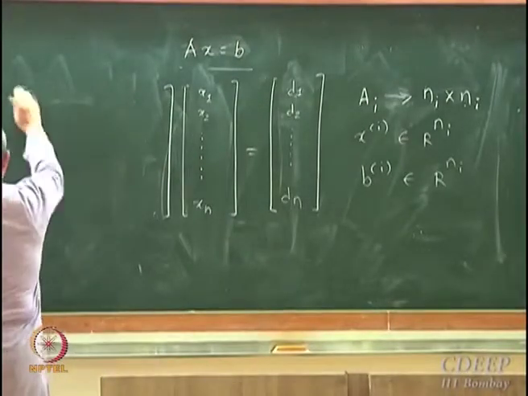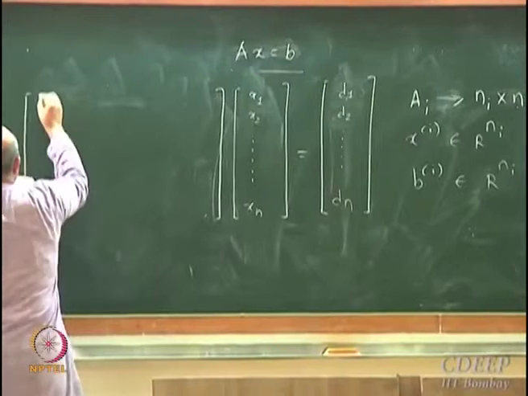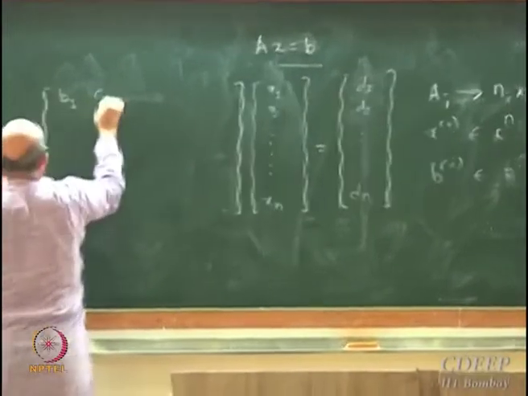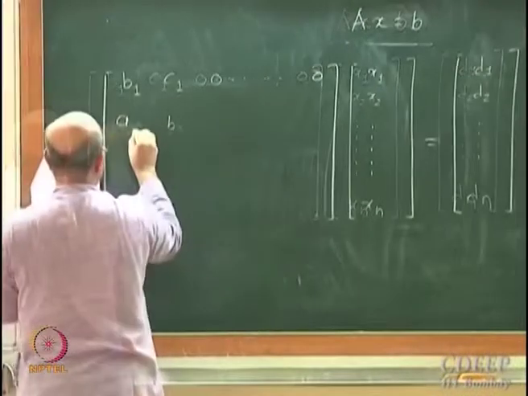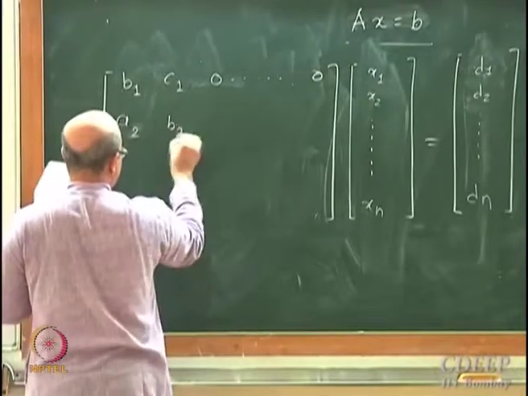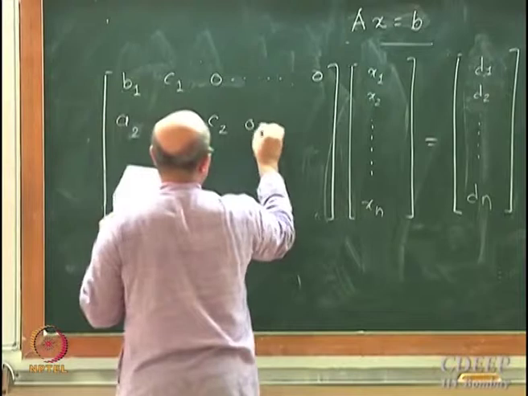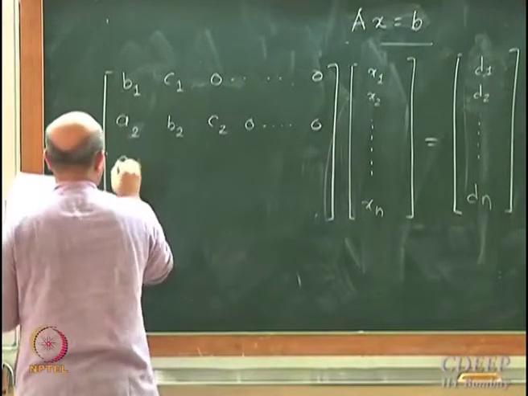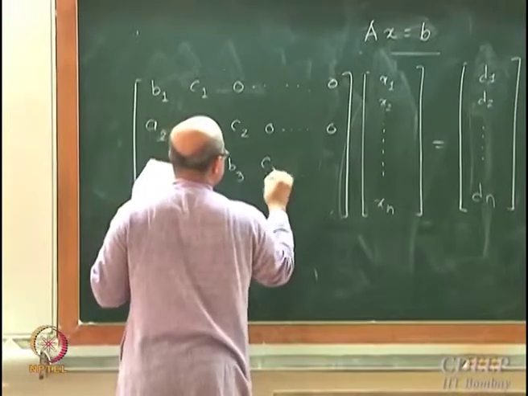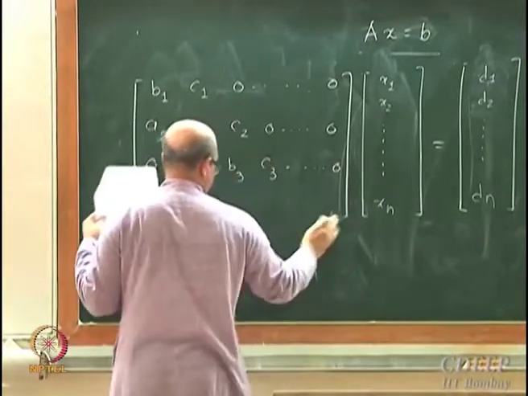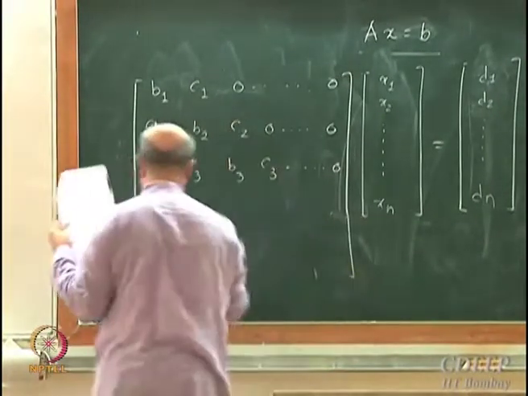My matrix is now going to be written with b1, c1, 0, then a2, b2, c2, 0, then 0, a3, b3, c3, 0. So this is a tridiagonal matrix.